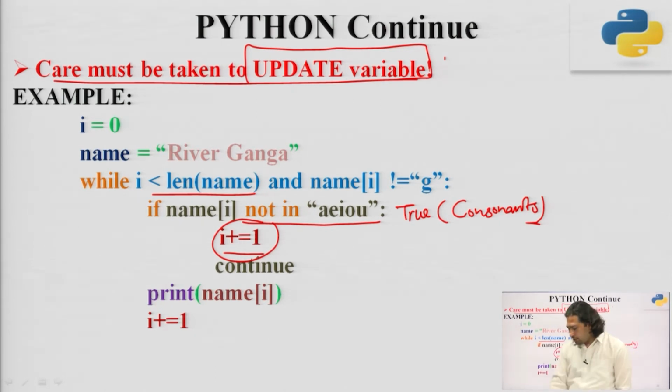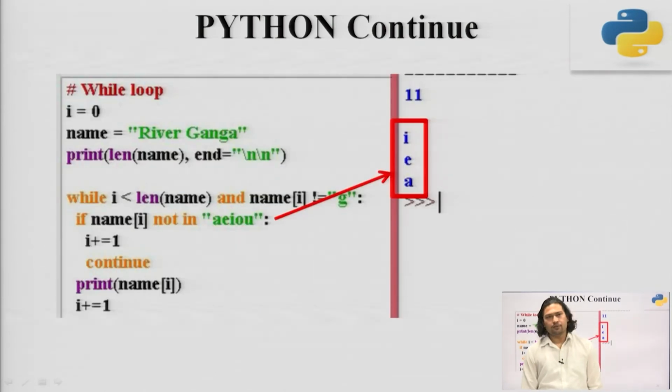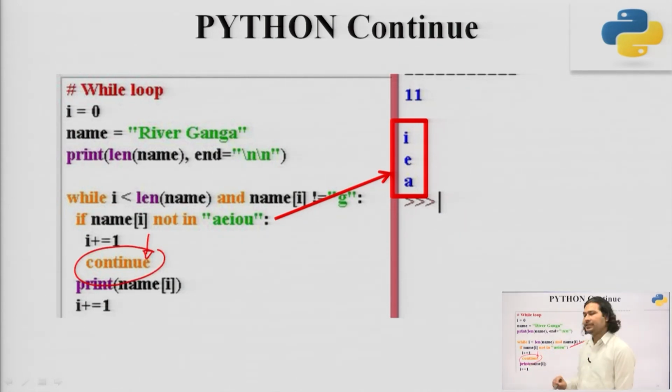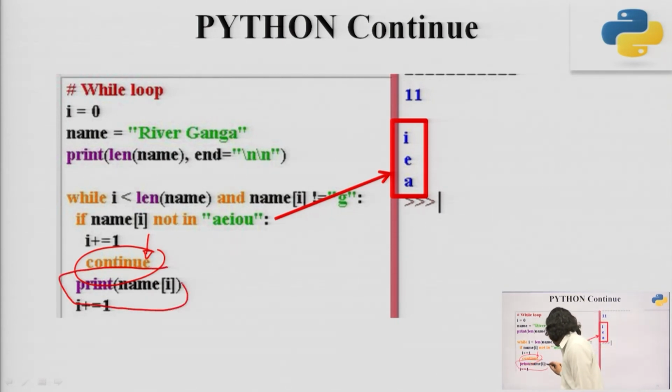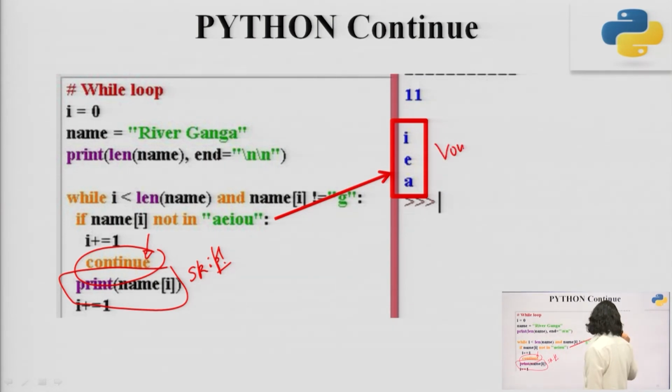So in the output you can see that, with not in AEIOU, all the consonants are true, that means right now it is executing this continue statement, and due to this, in the continue statement the execution of the remaining statement is skipped. So what is left with this one is vowels.